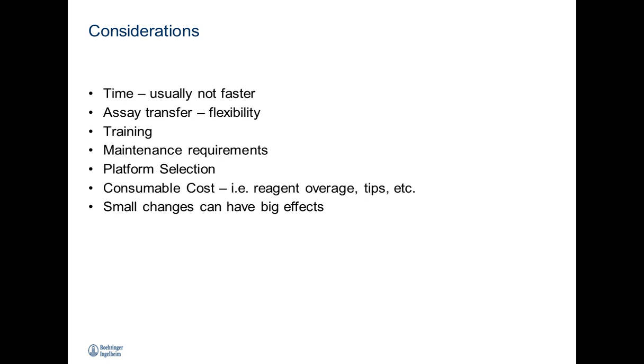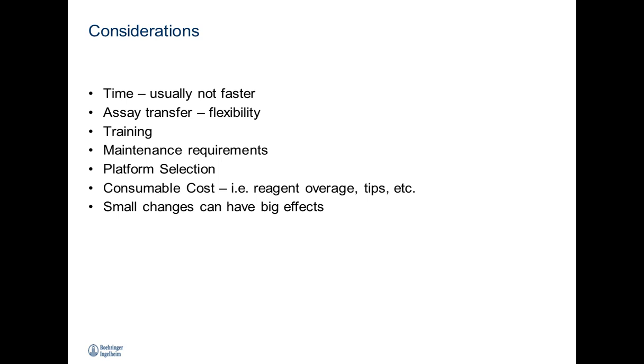For ELISA assays, most of the reagents are generally not that expensive, so a little bit of overage isn't really that big of a concern. If you're running something like AlphaScreen by Perkin Elmer, those reagents are exceptionally expensive. So if you're going to be running that type of an assay on an automated setting, reagent overage is a significant cost consideration.